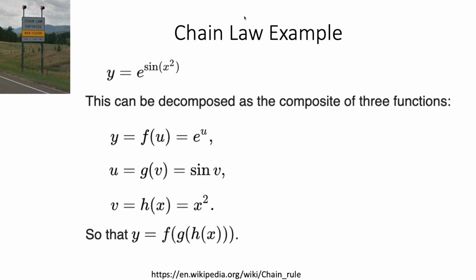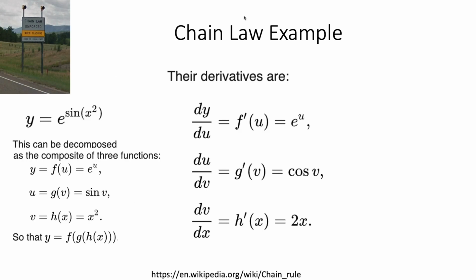So now we can say that y equals f of g of h of x. So we've got these functions, one inside of the other. The h is the innermost function, the g is outside of that, and the f is the outermost one. And of course, we've just gone up the alphabet, right? f, g, h. All right, so now we've defined how we want to split everything up. We've identified what functions are inside of other functions. Let's move on and start applying the chain law.